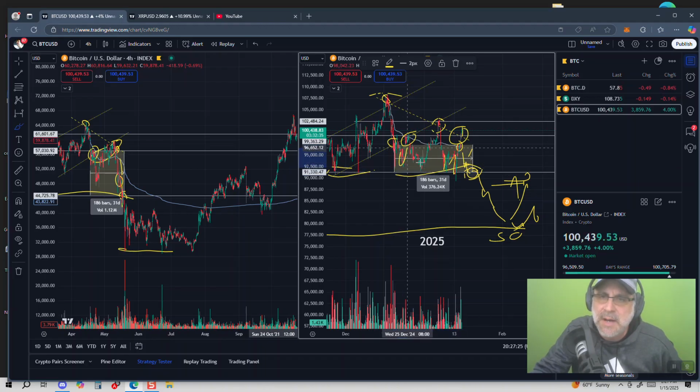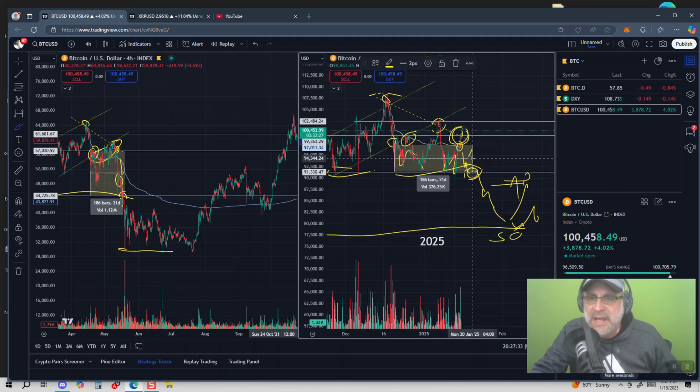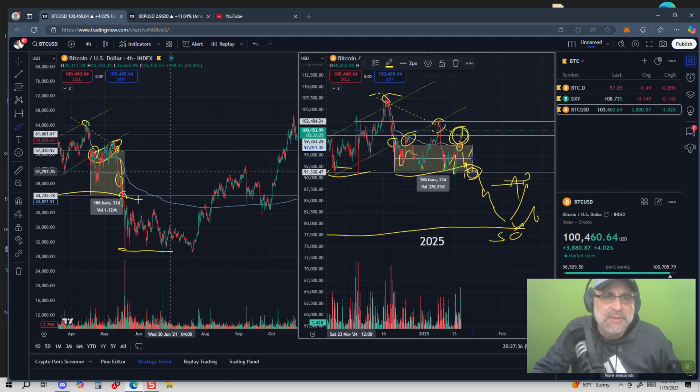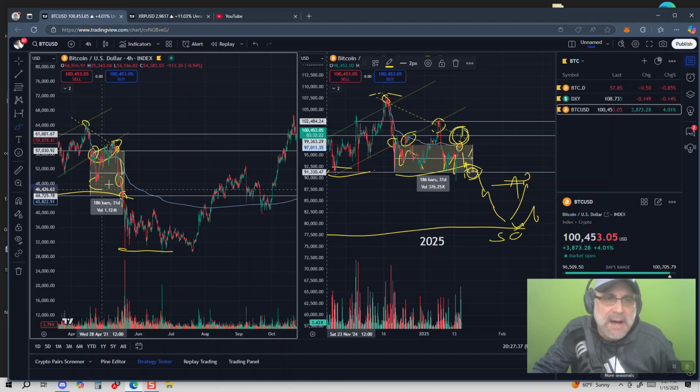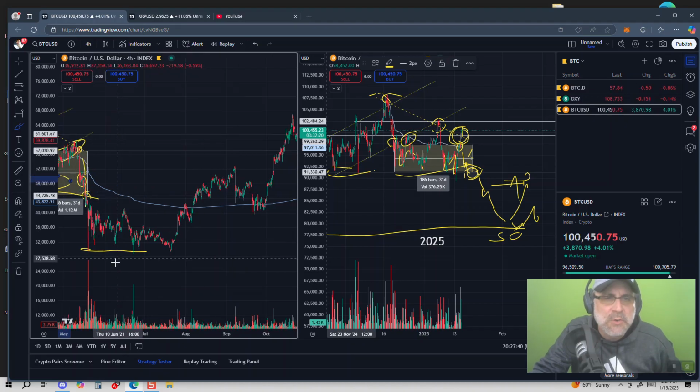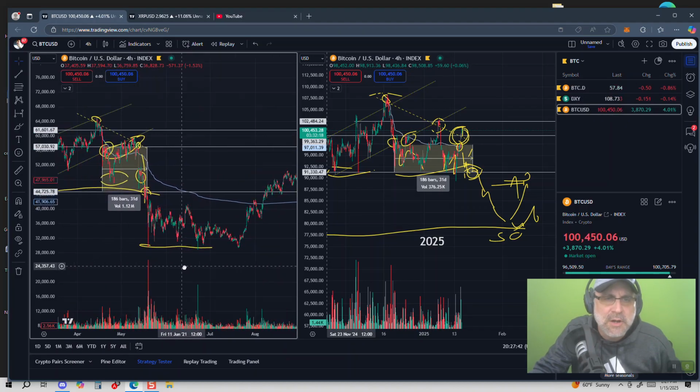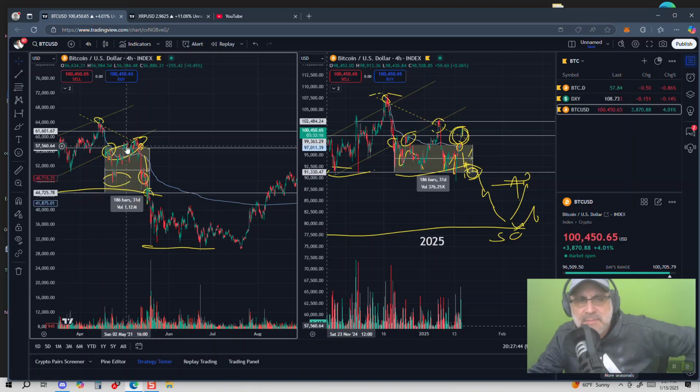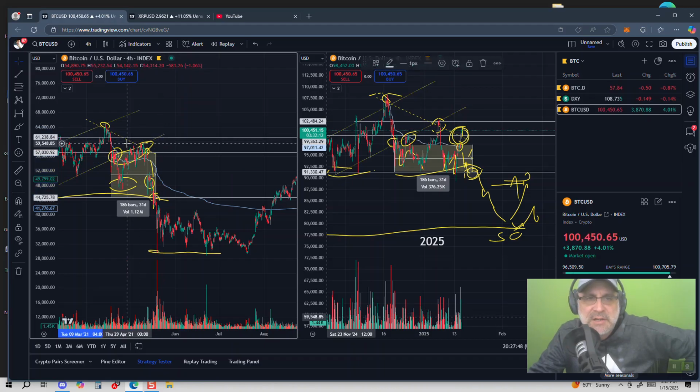Here's another double bottom. So we have two double bottoms, and then another attempt like we're seeing right now as the range consolidates laterally. We had a double bottom here, but back in 2021, they were much smaller. They were much more contained. A lot of the time the price action was spent hugging the macro trend resistance line.